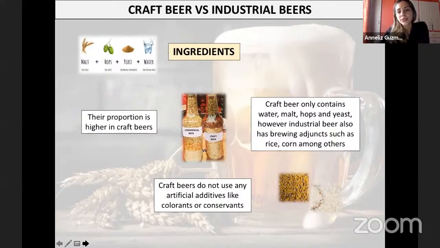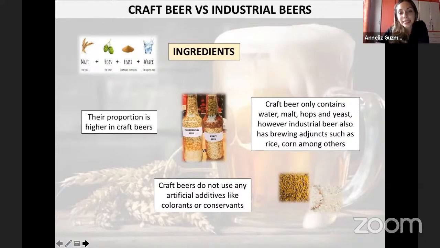Craft beer only contains water, malt, hops, and yeast. However, industrial beers also have brewing adjuncts such as rice, corn, among others. Craft beers do not use any artificial additives like colorants or preservatives.